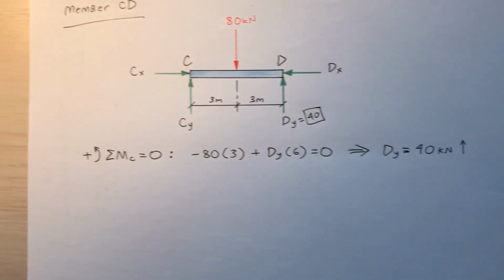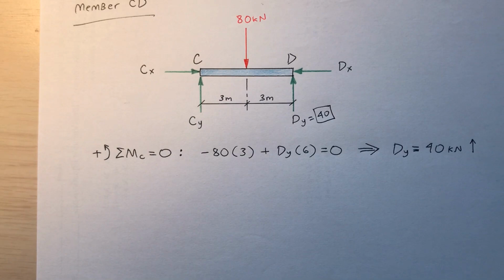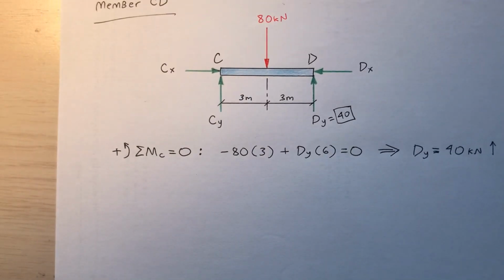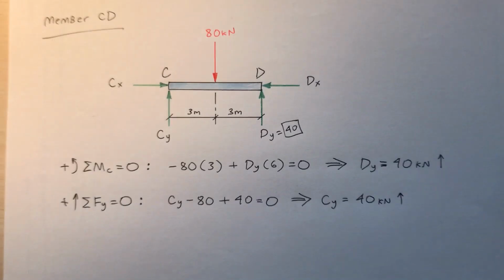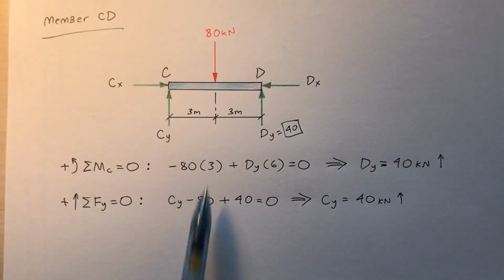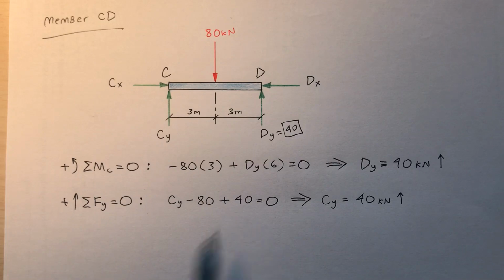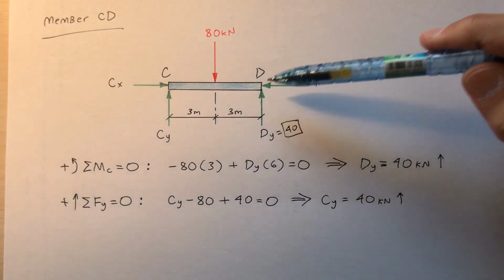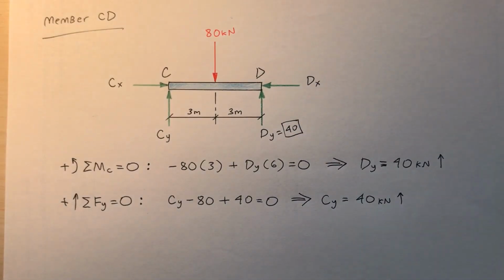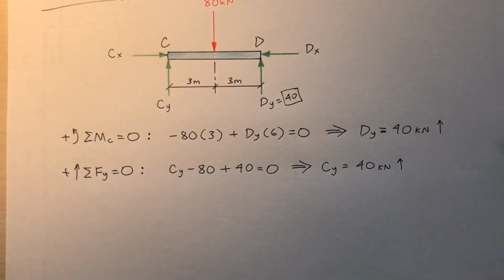So what about C sub y? The sum of the forces in the y direction is 0. Okay, so what does that tell me about C sub y? And like magic, the sum of the forces in the y direction is 0, C sub y up, minus 80, 80 is down, plus 40, the D sub y, is equal to 0. So I find that C sub y is 40.